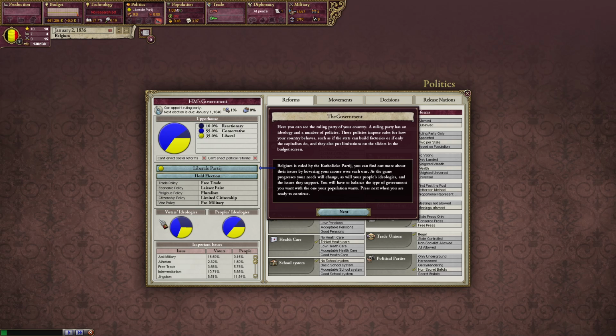Now, voters' ideologies are different than the people's ideologies. 38% of the voters are conservative, while 50% of our population is conservative. So there's what, 12% of the people who are not voters. 32% of the voters are reactionary, and 14% of our population are reactionary.